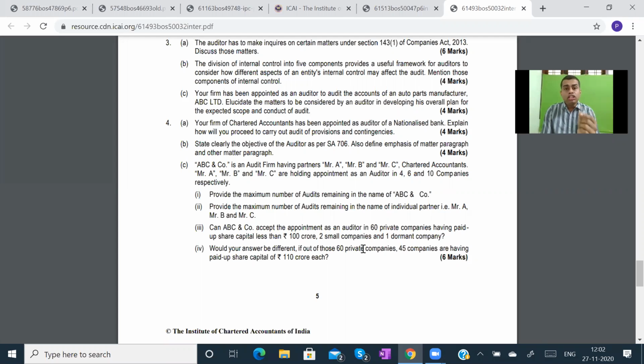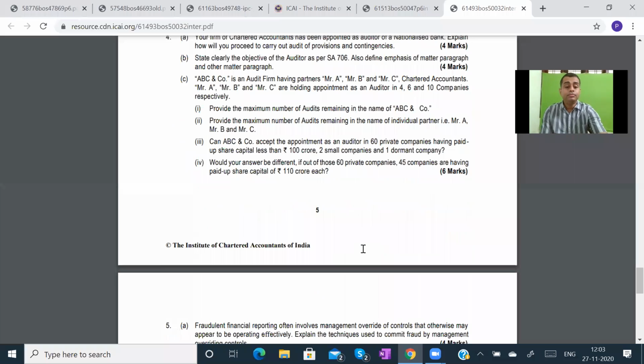If the auditor wants to emphasize it or bring it to the notice of users, he will put it in the emphasis of matter paragraph. If it is for the users' understanding of the audit or the auditor's responsibilities, then he will put that in the other matter paragraph. That's all. You understand? Simple. 4 marks.